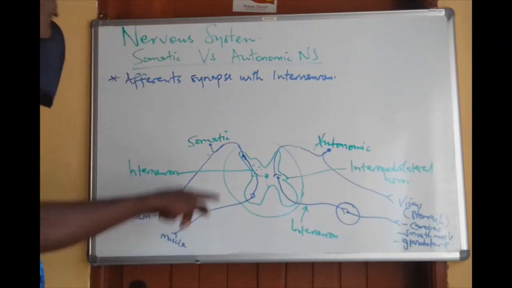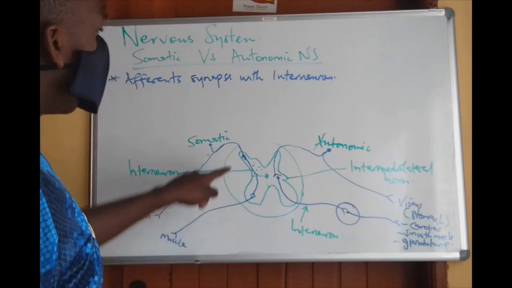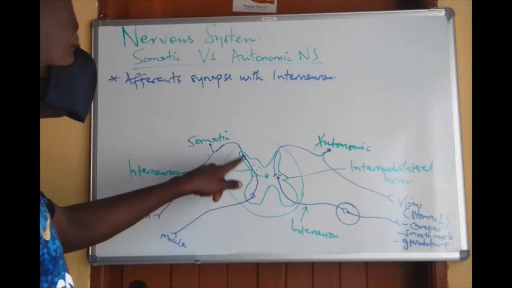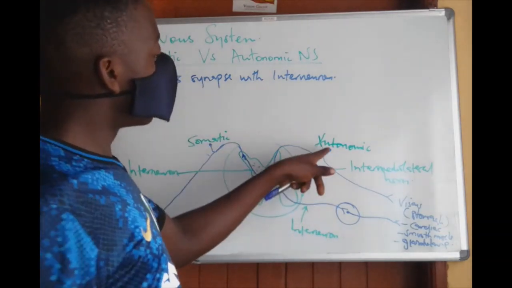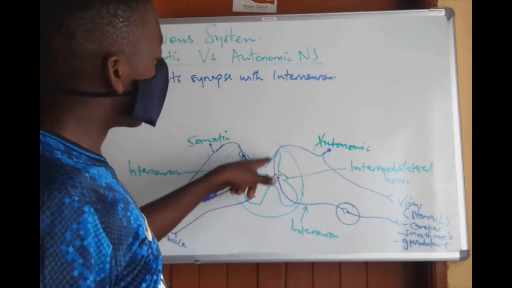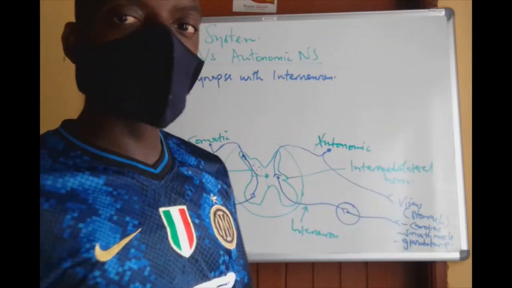Yeah. So you can see the first difference, that the afferents of somatic are connecting with the interneuron within the dorsal gray horn, whereas the afferent neuron of the autonomic is synapsing with an interneuron within the intermediolateral horn.